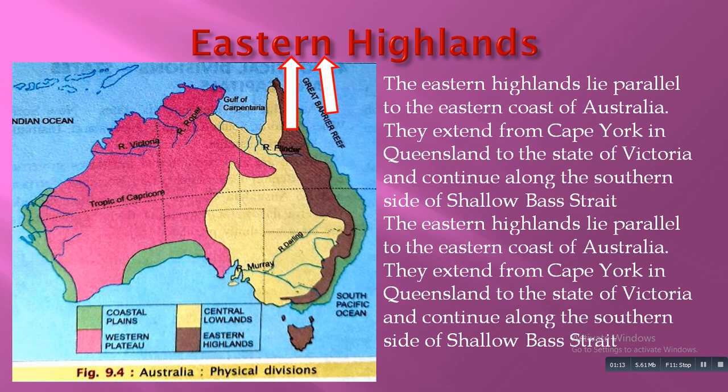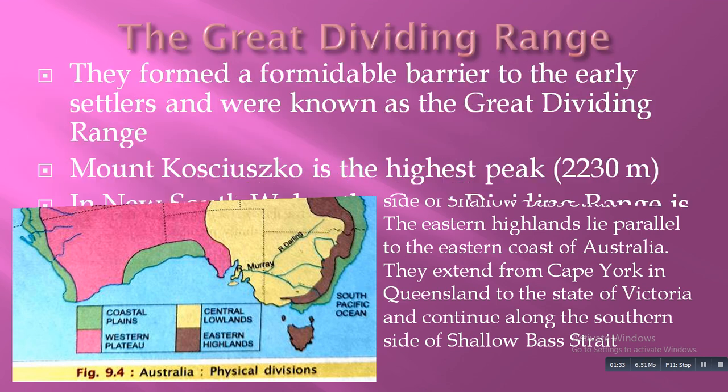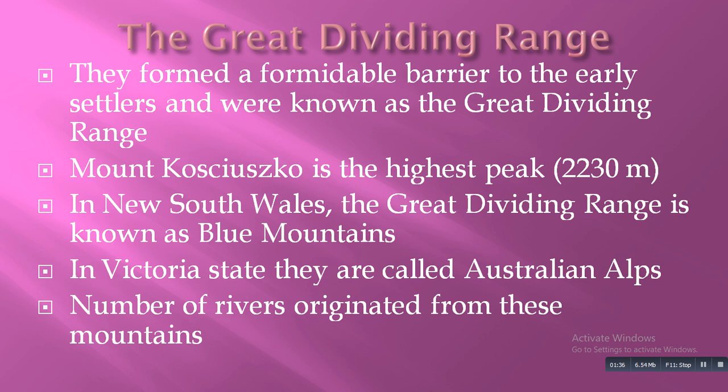They extend from Cape York in Queensland to the state of Victoria and continue along the southern side of shallow Bass Strait. So they are located in the eastern side of Australia. The Eastern Highlands are divided into two.